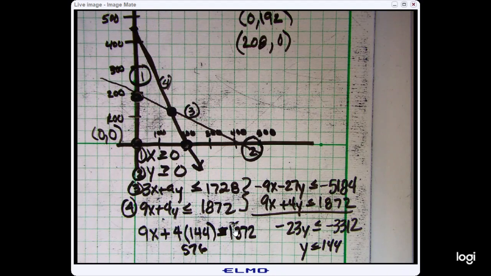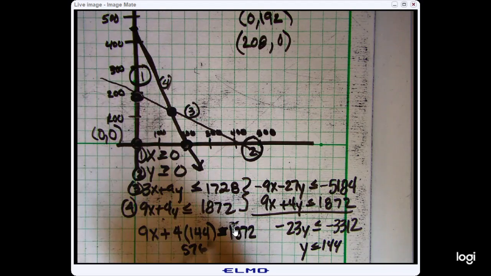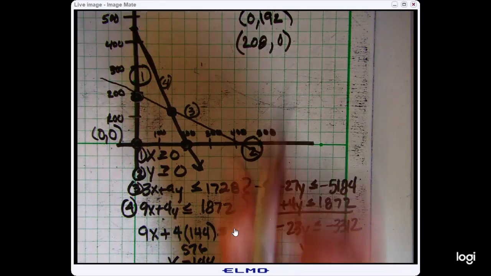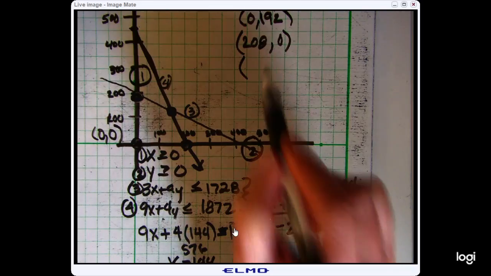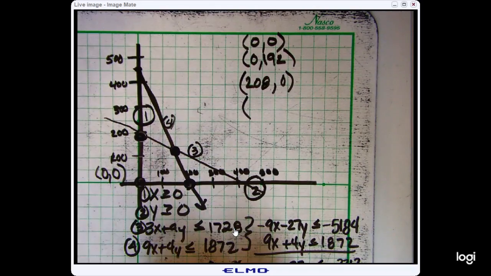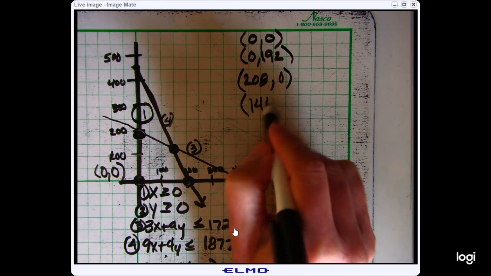So let's do 1872 minus 576, and divide that by 9. I get x is also 144. So my last point is 144, 144.